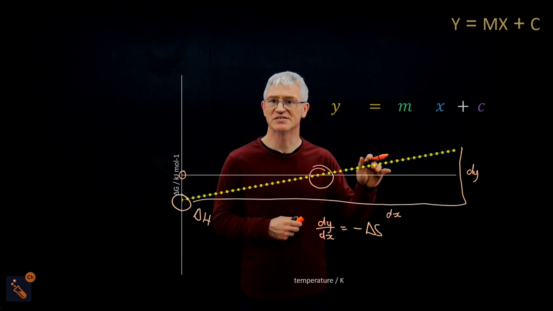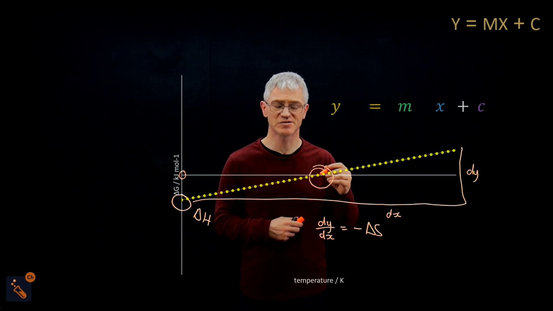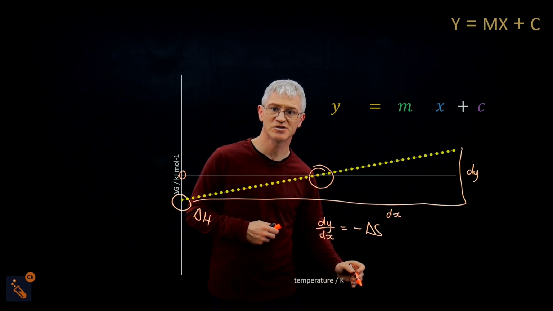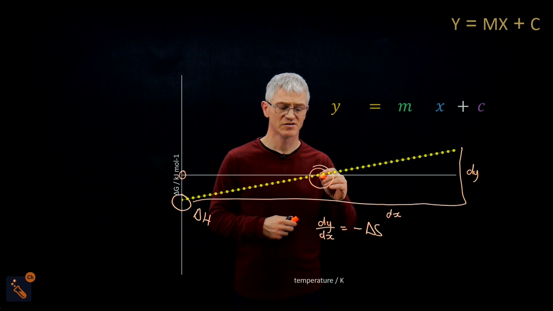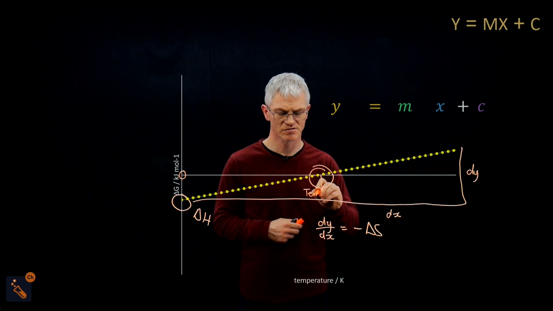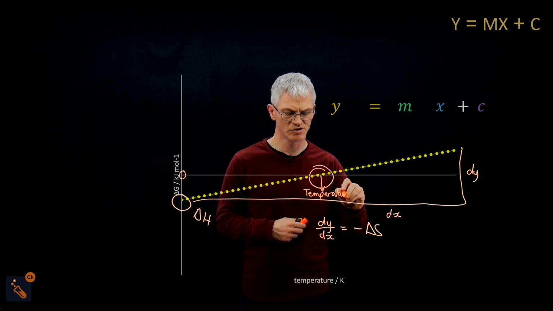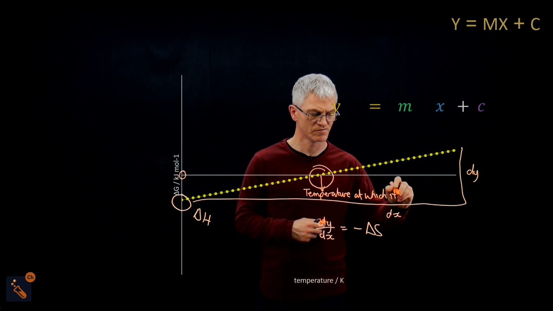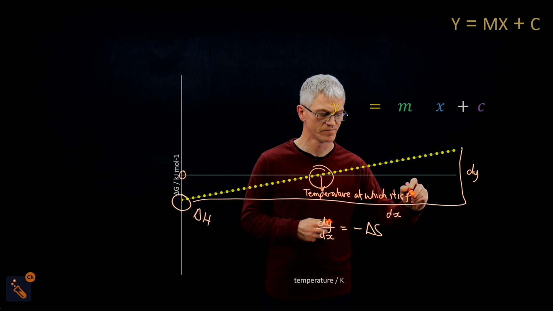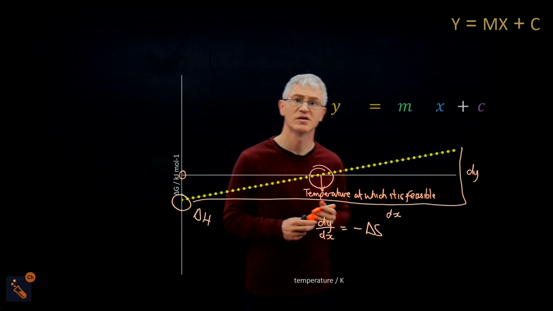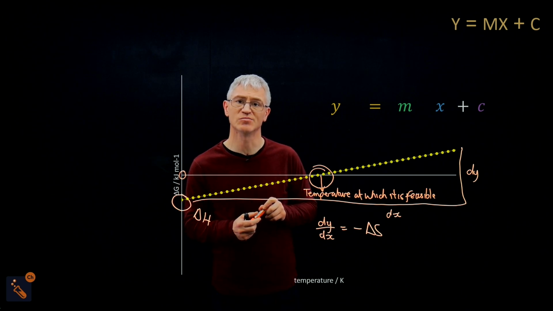So the temperature at which this reaction is feasible is on this temperature line, because remember this is temperature versus delta G. So right as we cross here, let's do a little arrow here, this is the temperature at which it is feasible. The temperature at which it is feasible.